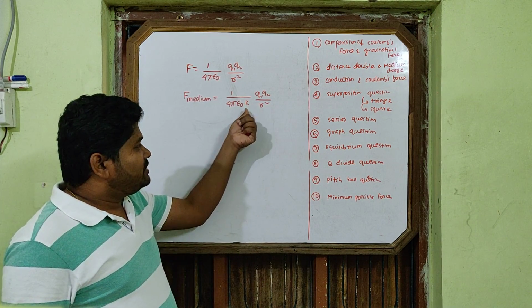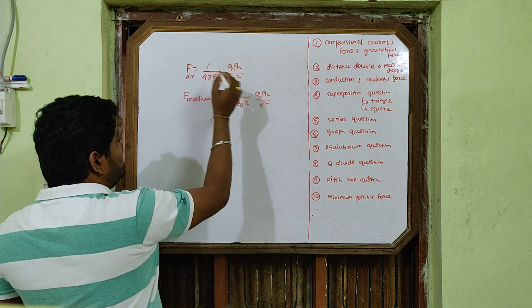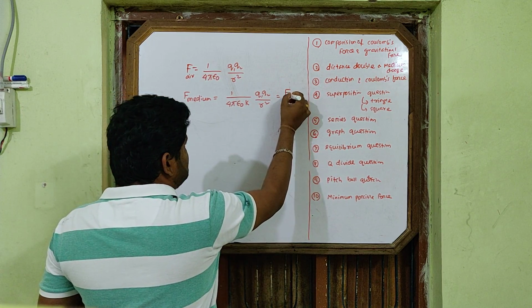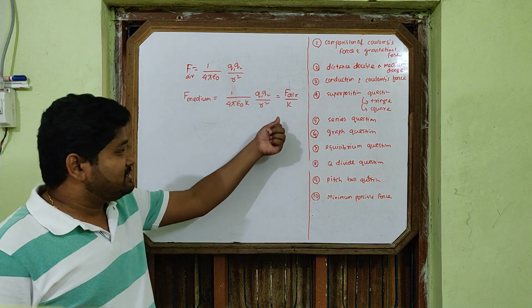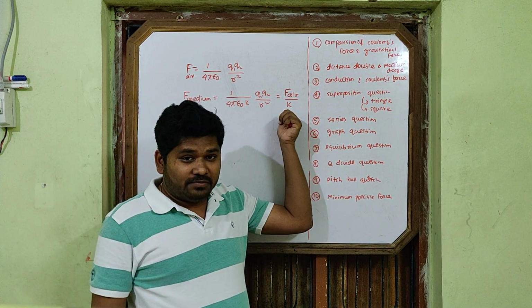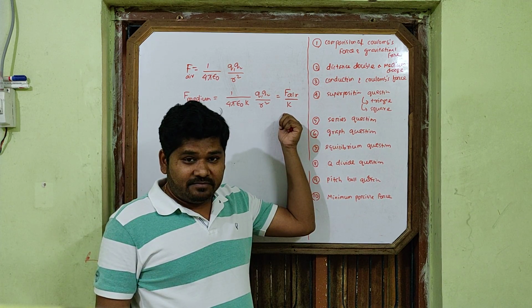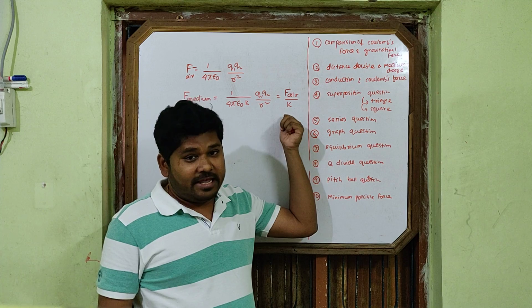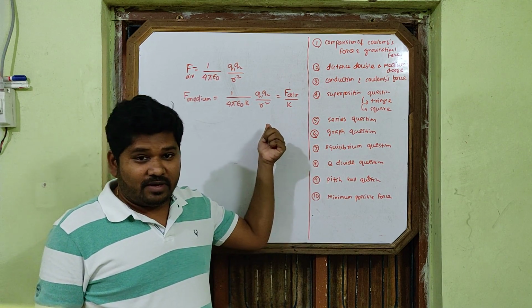What happens here? One term K is coming. So this is in air. So F medium is always F air by K. Dielectric constant K is there. I have told you K is 1 for vacuum and for other mediums K is always greater than 1.